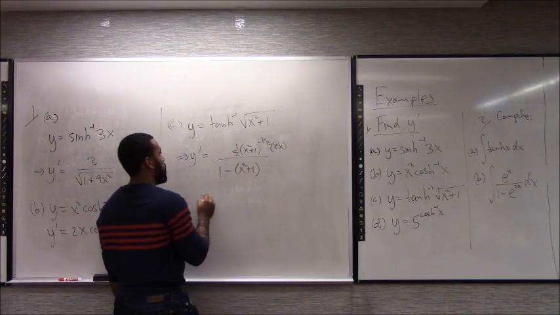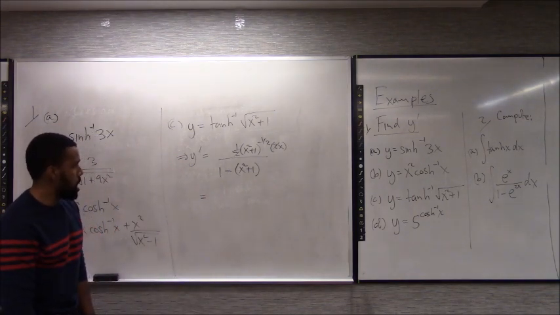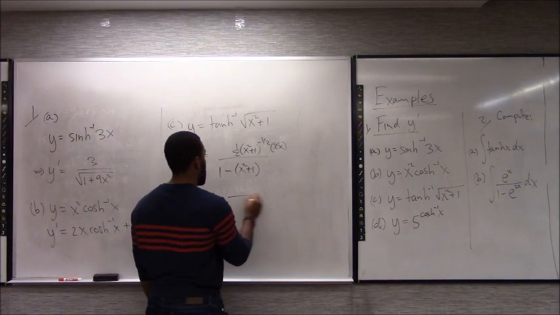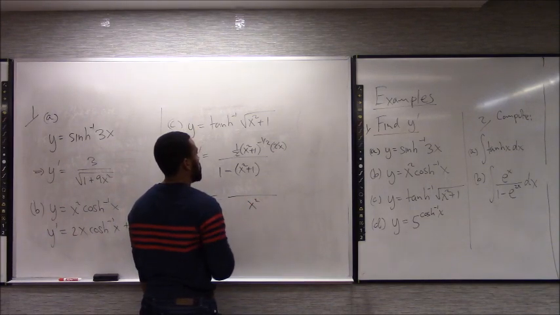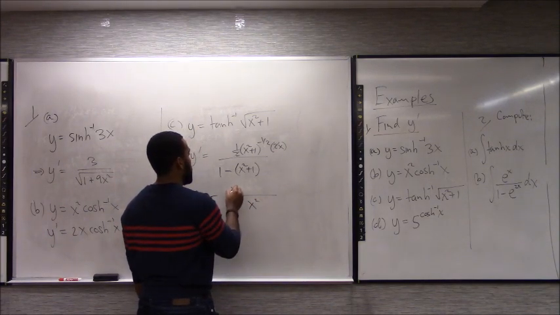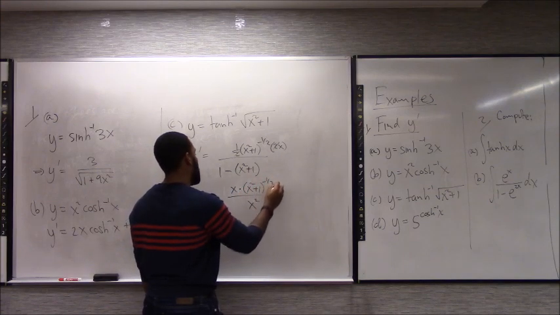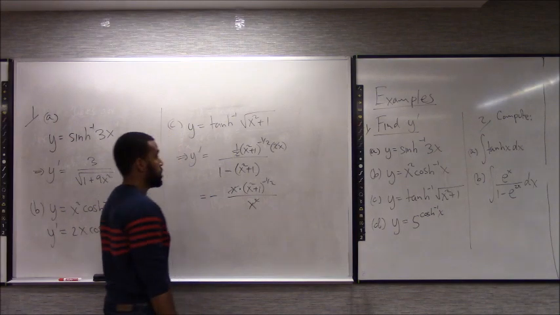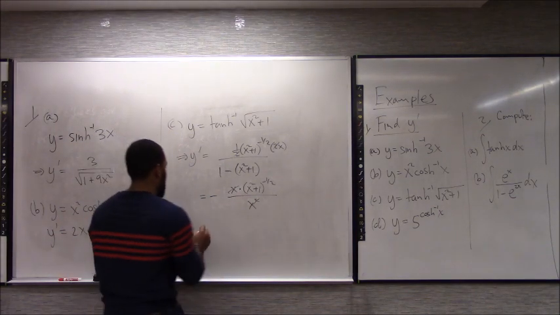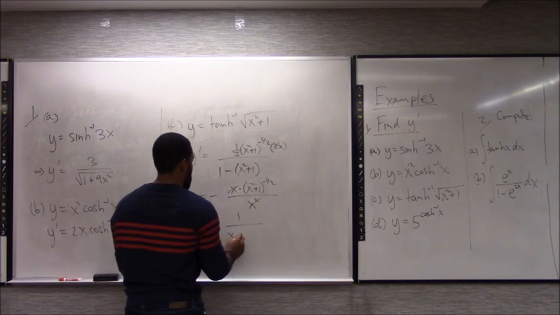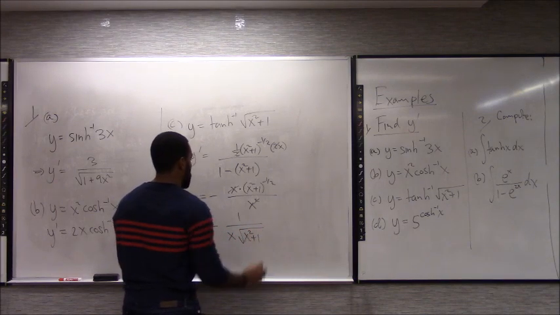The 1 minus the 1 is going to cancel, so I'll just have the negative, and this will be x squared. And here I would have x times x squared plus 1 to the minus 1/2, and the x would cancel. So that would look like minus 1 over x times the square root of x squared plus 1.